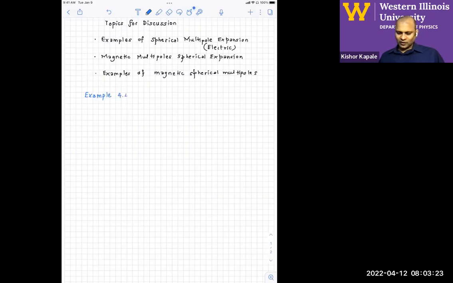So this is example 4.4, and what it basically says is: directly use the multipole expansion method to find phi of r due to a spherically symmetric, but otherwise arbitrary, charge distribution.